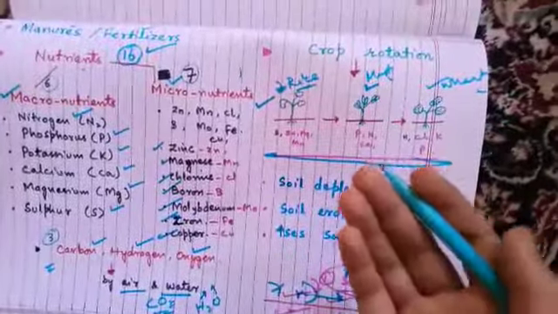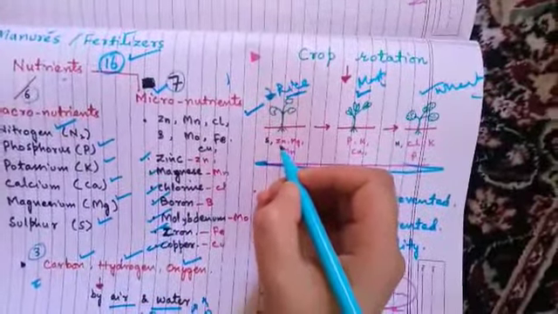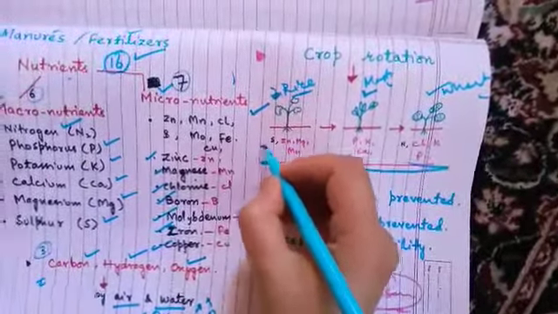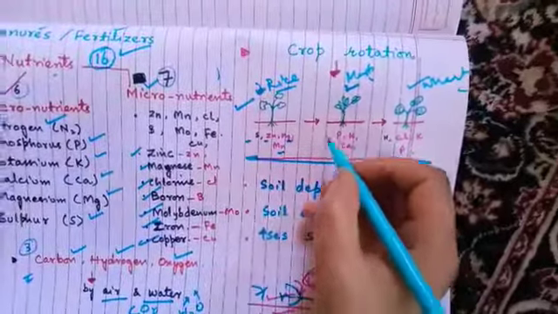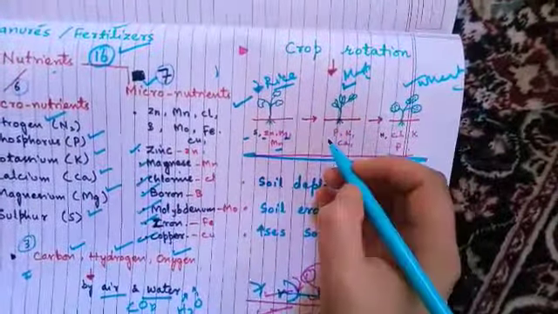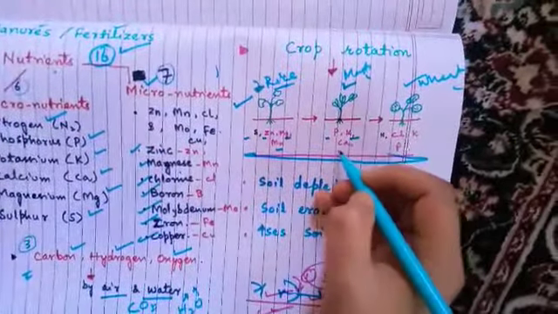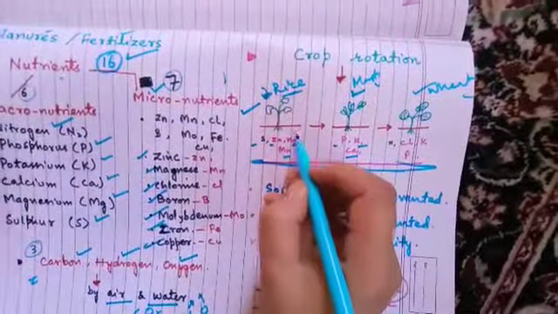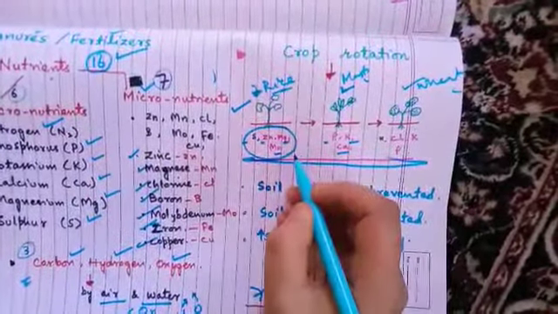Why is this crop rotation needed? For example, the minerals needed by rice are sulfur, zinc, magnesium and manganese. Now when we grow mustard here, it needs phosphorus, potassium and calcium. That means these nutrients are not overused.